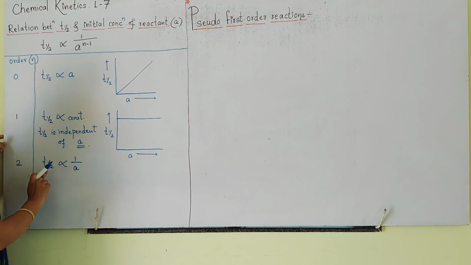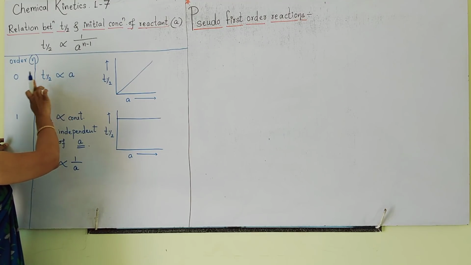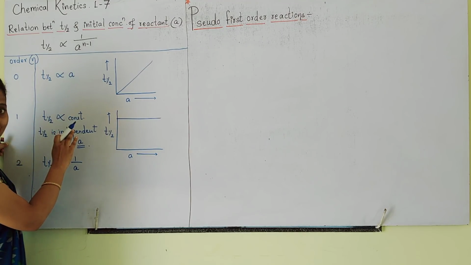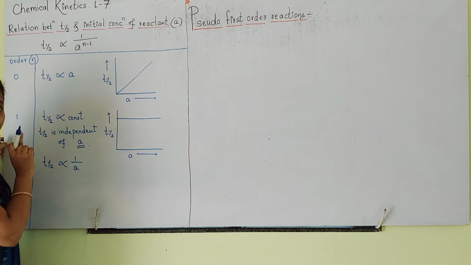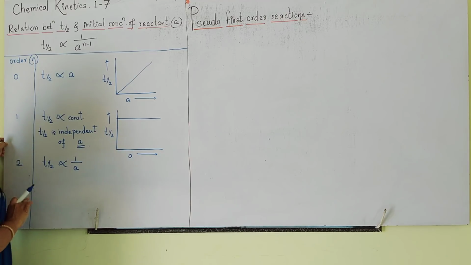Or you can say that, see here now. Half-life is directly proportional to A: zero order. Half-life is independent of A: first order. Half-life is inversely proportional to A: that is your second order reaction. You can say that half-life is inversely proportional to A, or you can say that half-life is directly proportional to 1 by A. Is it understood?